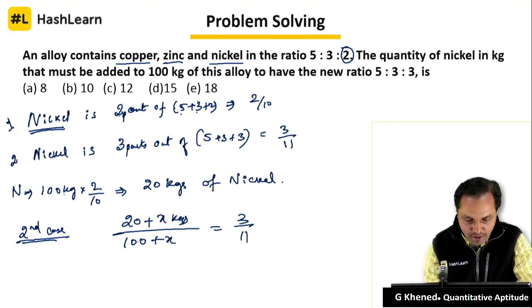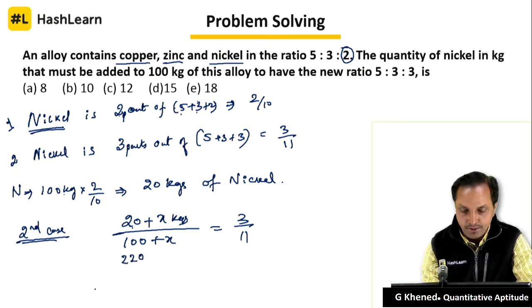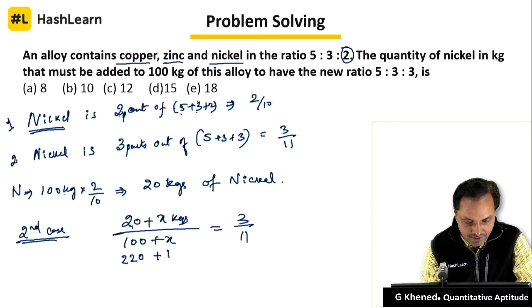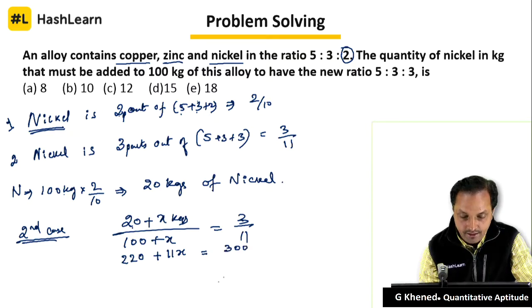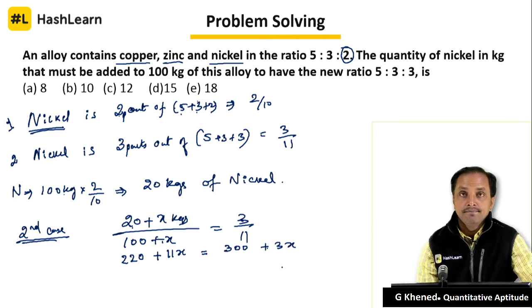Once you cross multiply, what happens? 11 into 2 is 22 plus 11 into x is 11x, equals 3 into 100 is 300 plus 3x.